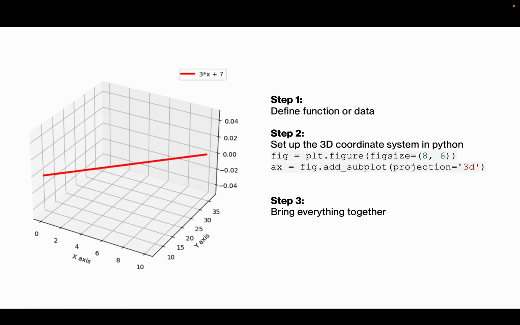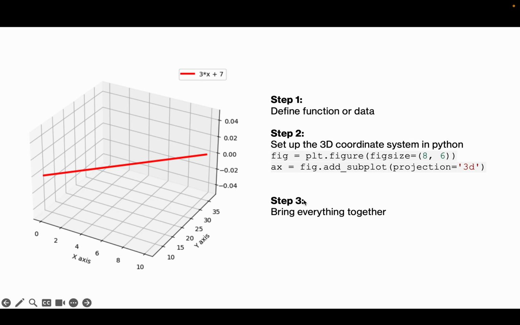Here I want to give you the functions to set up the 3D coordinate system. First of all, you need to define the figure, and then you need to use the function add_subplot and put the projection equal to 3D. Through this way, you can set up the 3D coordinate system so that every data you want to visualize is in this environment.